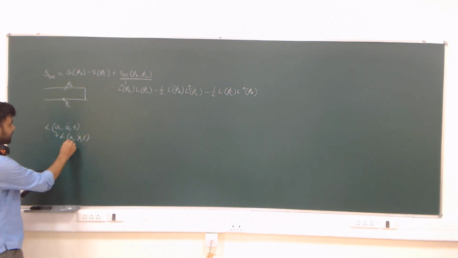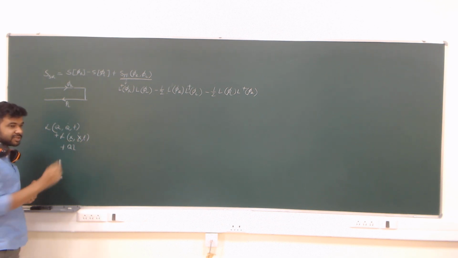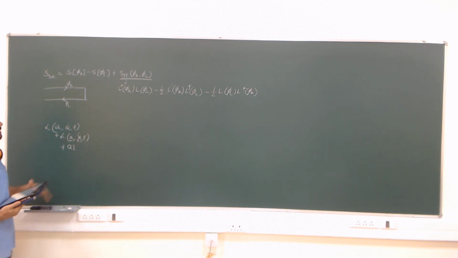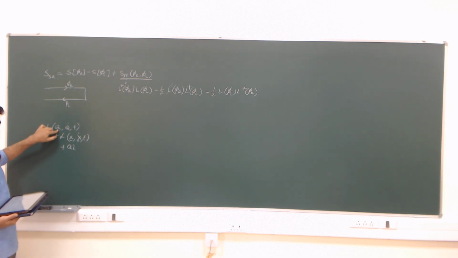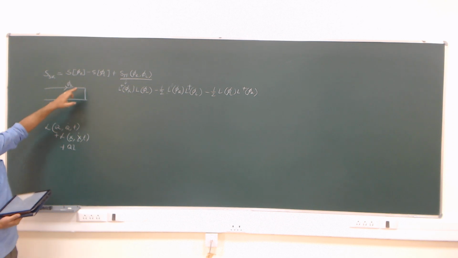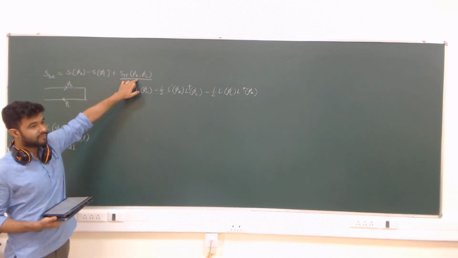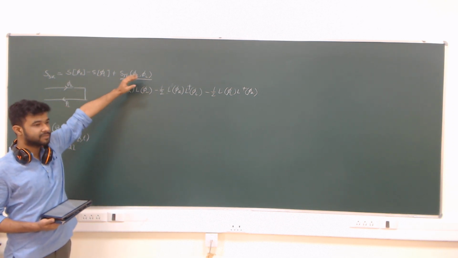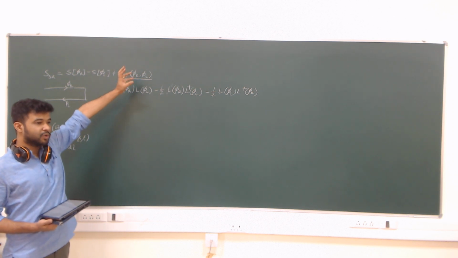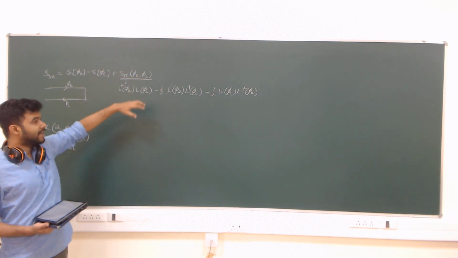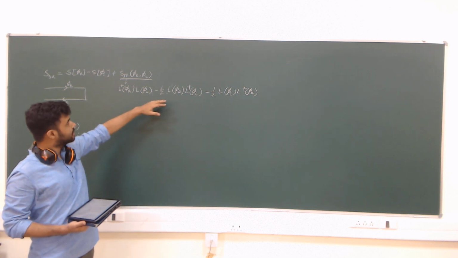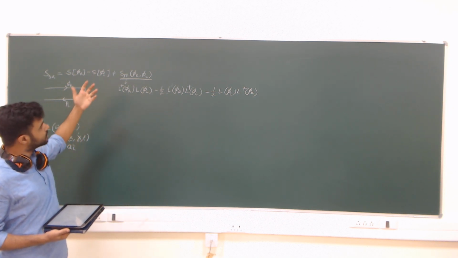But if I then integrate out the degrees of freedom corresponding to x, that will give me a doubling of q as well, q and q prime, and at the same time I will have an influence functional of mixed kind of term, which is a function of both q and q prime. I haven't shown a very complete derivation here.